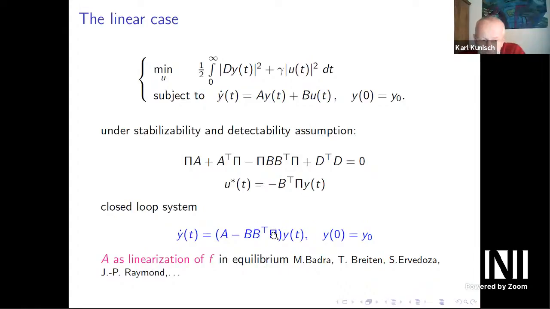From the applications point of view, many researchers, many practitioners, also for nonlinear systems, would linearize the system, linearize the nonlinearity f, get A, it's a linearization of f, and then compute. And many times this approach is feasible, and then it needs to be justified, at least locally. And that's what can be done in certain cases, and which has been analyzed quite a bit.